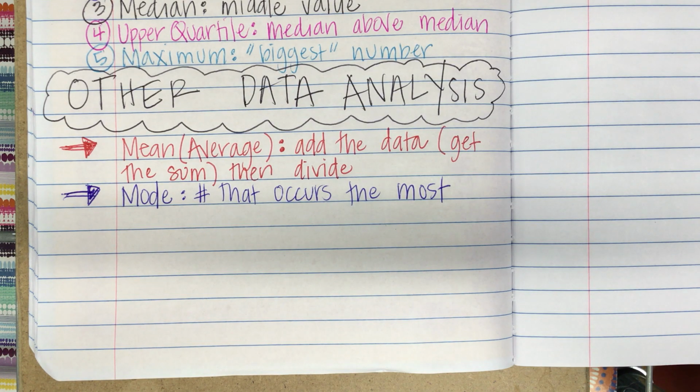If there are two numbers that happen the same number of times, some people say it's bimodal. There are two modes. Some hardcore statistics would say that there's no mode because mode is the number that occurs the most. Mode, most frequent. What do we say if there's two? We typically have bimodal data.